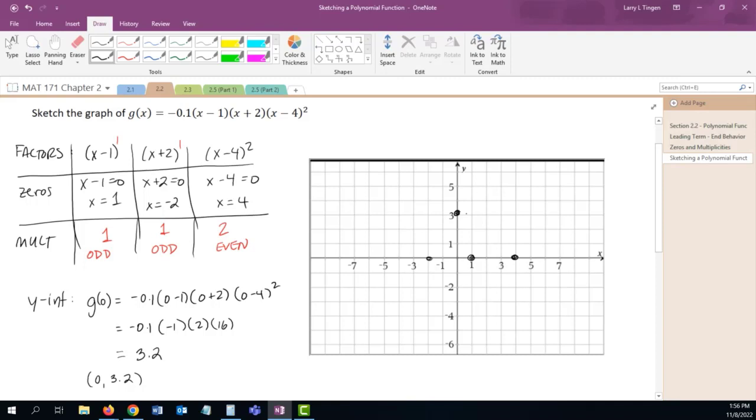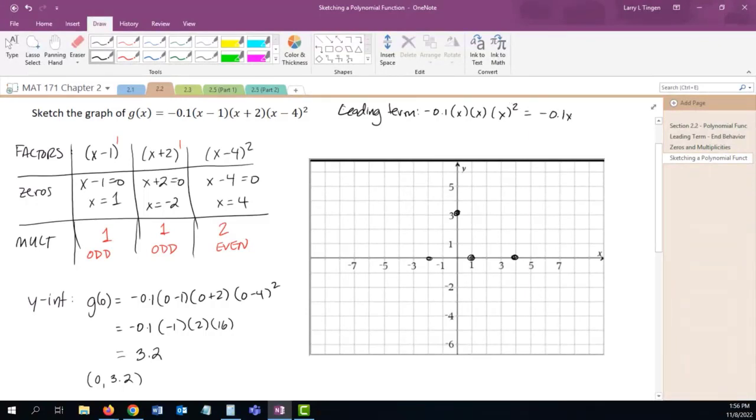So I've got my zeros graphed. I know the multiplicity. The only thing that's left for me to figure out is the end behavior. All right, so let's see, what's the leading term? Leading term is negative 0.1 times x times x times x squared. X times x times x squared is x to the fourth.